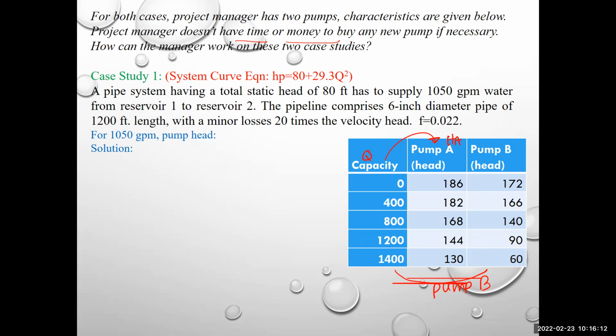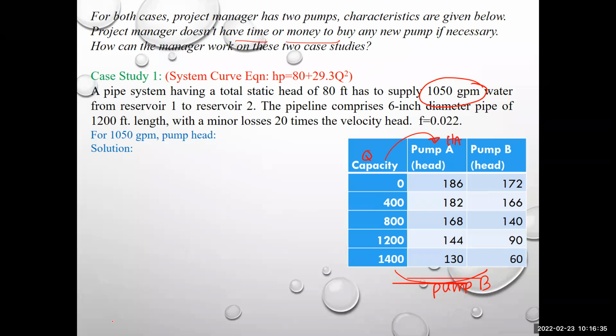So the project manager has a two open reservoir system there, okay? And the system has to supply 1,050 GPM from reservoir 1 to 2, right? Now, the system curve is already given here.